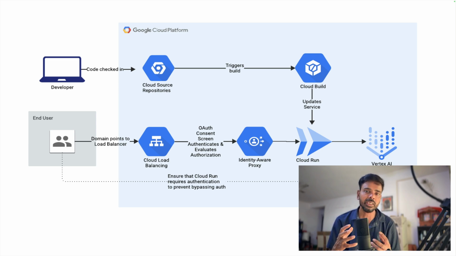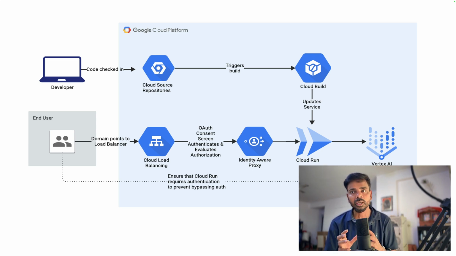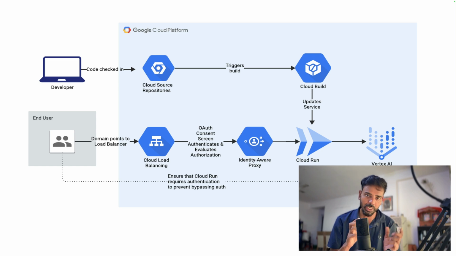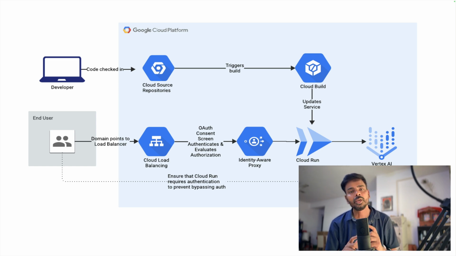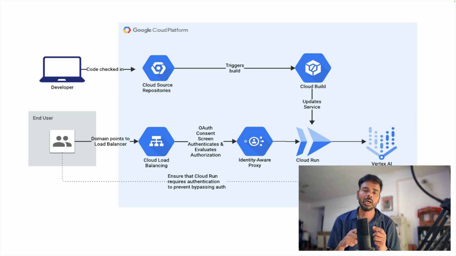The target is Cloud Run to deploy my container, but meanwhile, how will the end user connect? The end user connects through a load balancer, so I'll set up an application load balancer. Then for security purposes, Identity-Aware Proxy will be set up to prevent unauthenticated users from accessing this GenAI application.